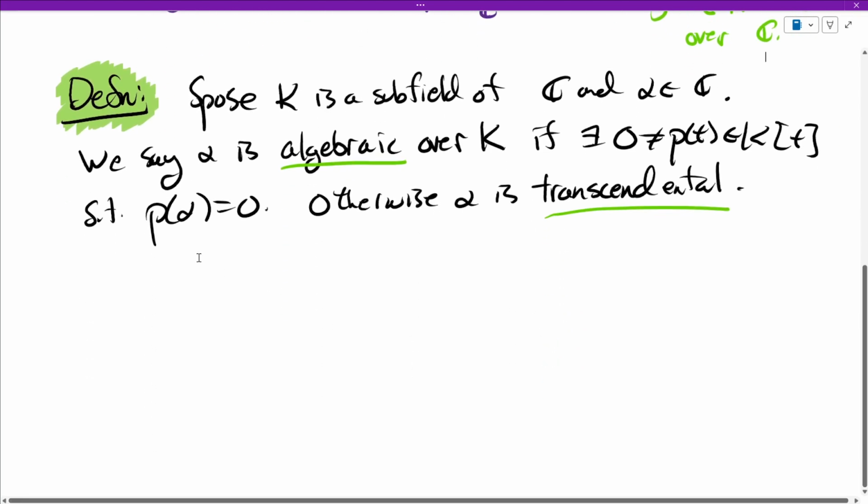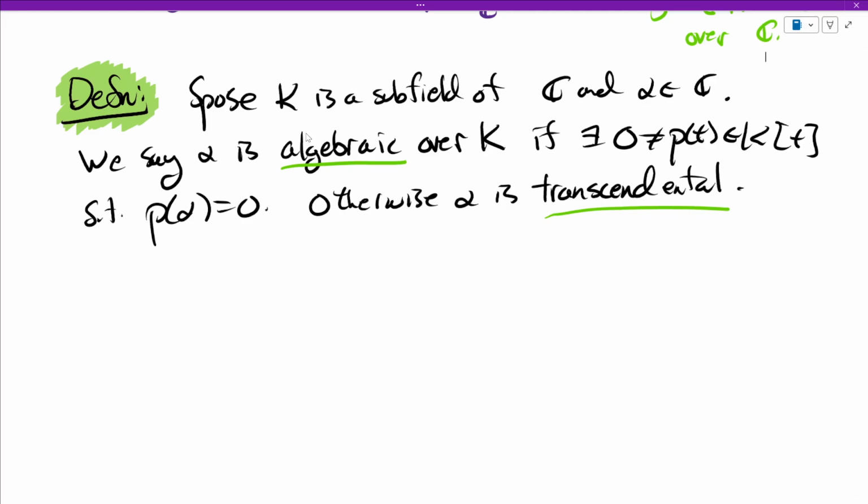So these are roughly the two types of complex numbers that we can add to a field, the algebraic ones and the non-algebraic ones.